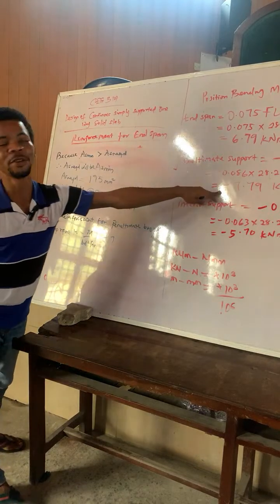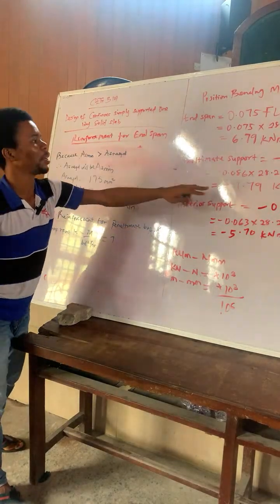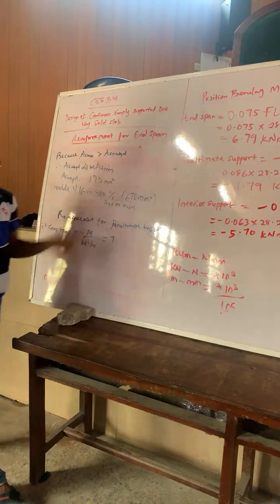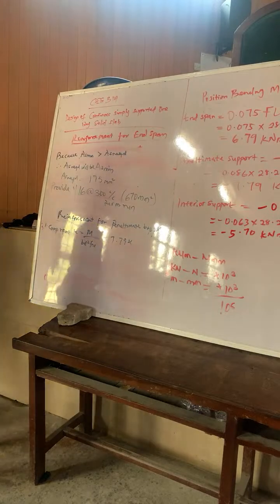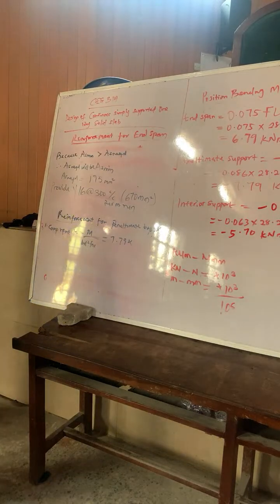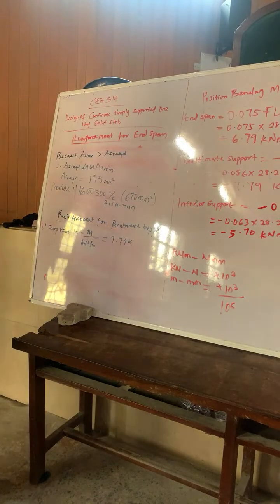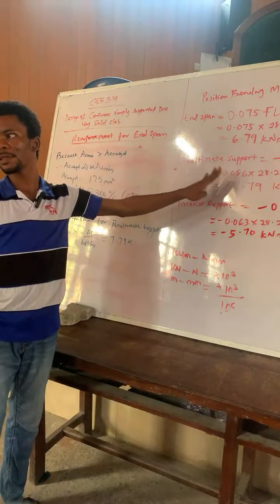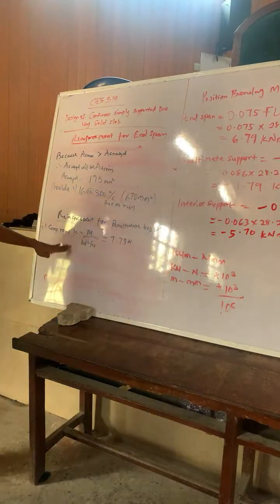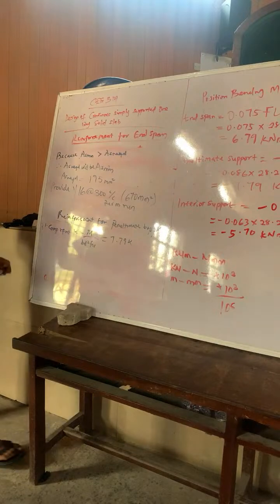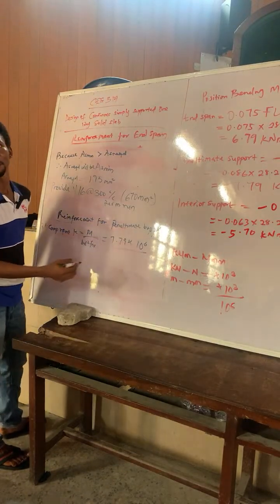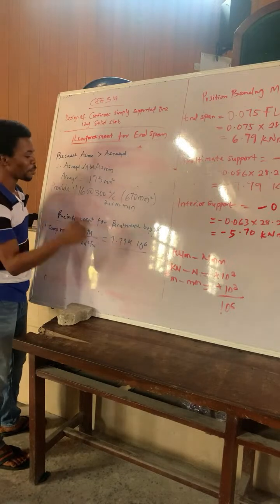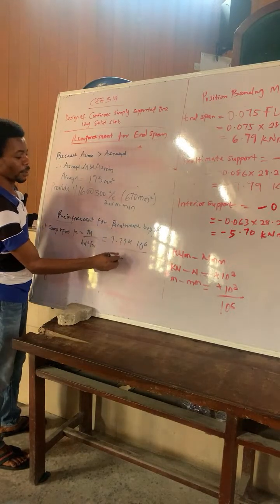You will remove the minus, that's 7.7. Your moment can be minus, so in this space you leave it and put the minus. But when you are calculating for your reinforcement, you remove the minus. Then times 10 raised to power 6 over B, 1000.